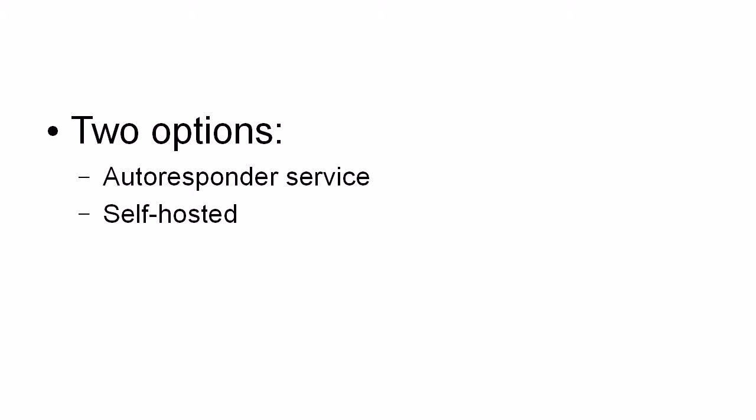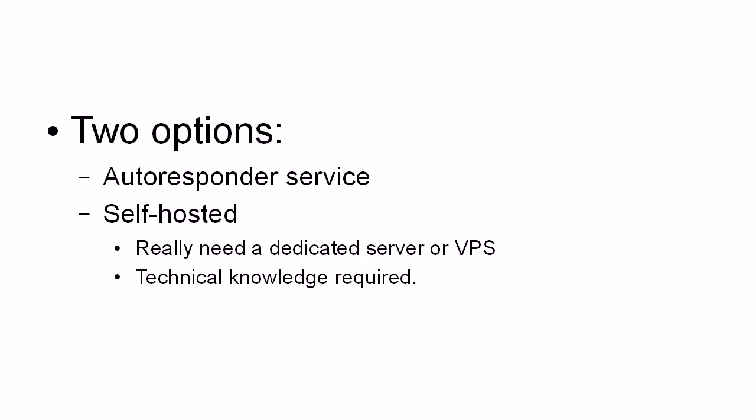So it can sometimes reach the point where you're spending a lot of money on an autoresponder service, and then buying the autoresponder software and hosting it on your own server and maybe hiring someone to look after it for you then becomes an option. But in order to do this properly, you really do need a dedicated server or a virtual private server, or VPS, and a lot of technical knowledge is required.